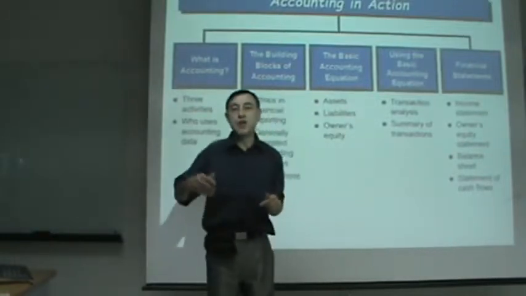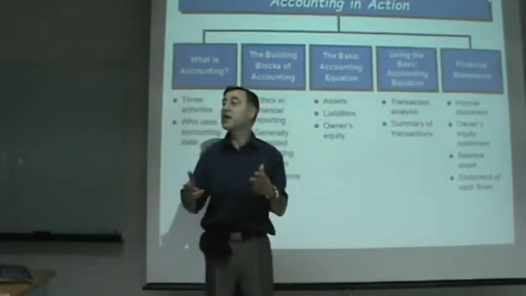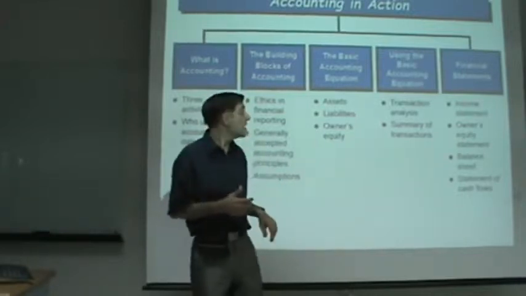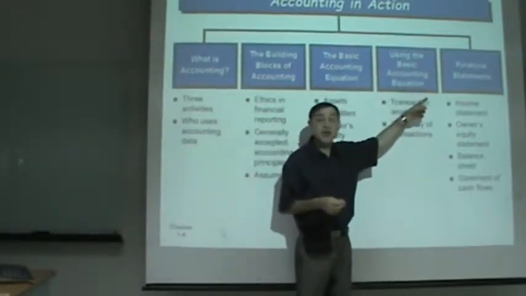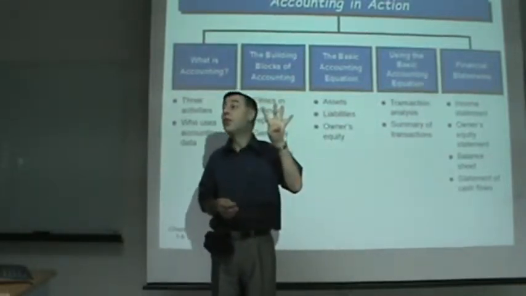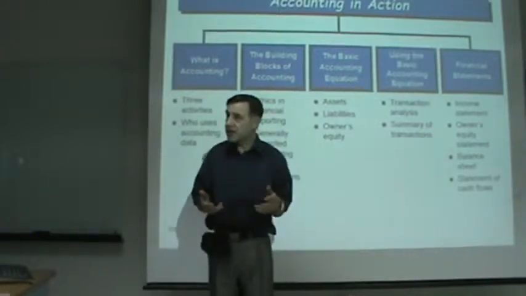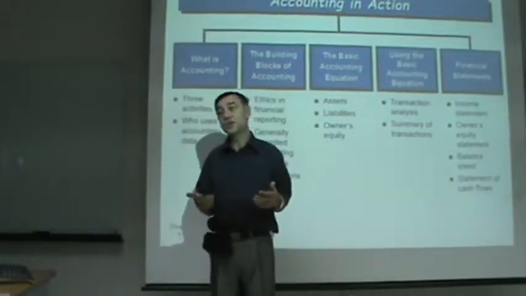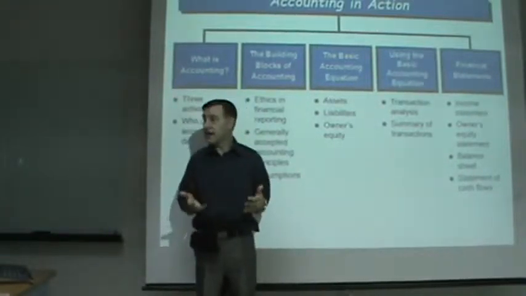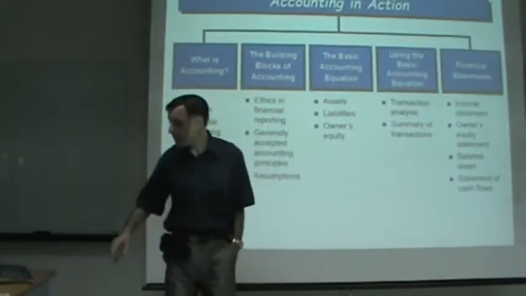In other words, you open a business, you invest in the business, you purchase a machine, equipment, whatever that might be, and how it's done. And the last piece is financial statements. You need to understand which are the 4 major financial statements, how you prepare them, how you use them, how you read them, okay? So it is a very long and difficult chapter, which we will go through slowly, step by step.